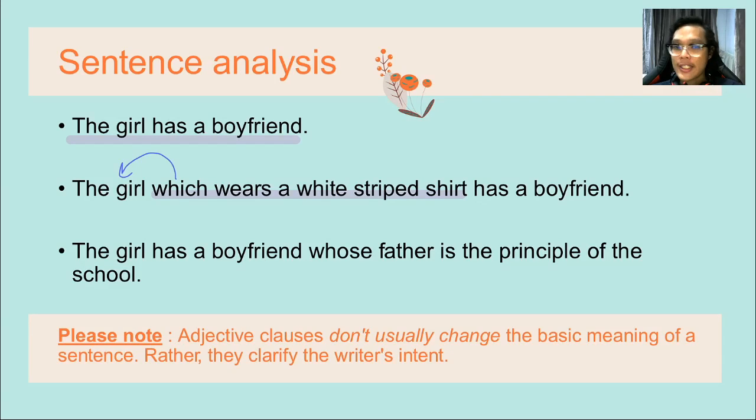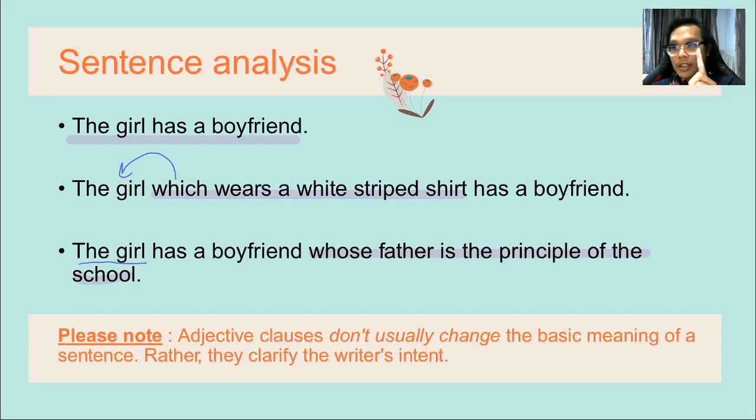And what about the third sentence? The girl has a boyfriend whose father is the principal of the school. Here again, "whose father is the principal of the school" is an adjective clause, which modifies which word? I have a question for you: in this third sentence, which word is the highlighted clause modifying?